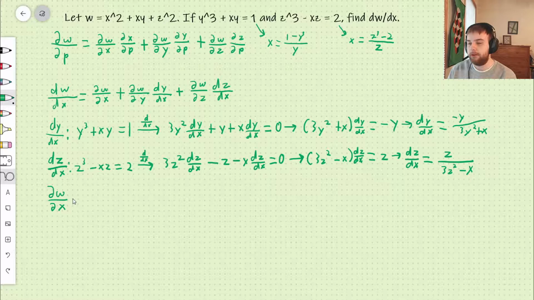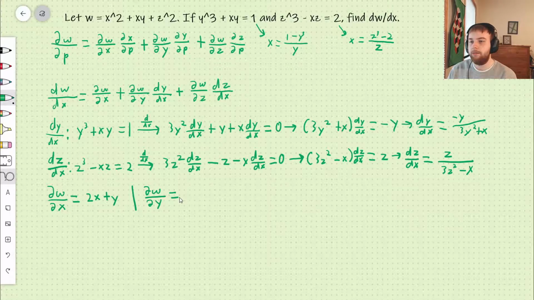Partial w partial x, we can find that directly from the formula. If we treat y and z as constants, then x squared turns into 2x, and then xy turns into y. And I'll keep doing these in a row here. Partial w partial y.